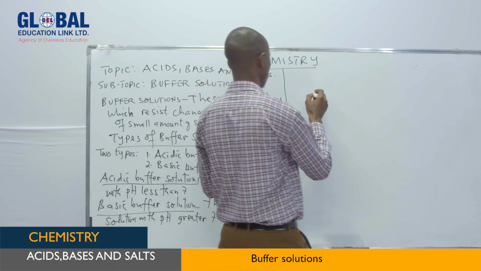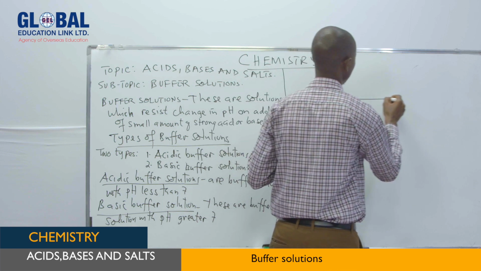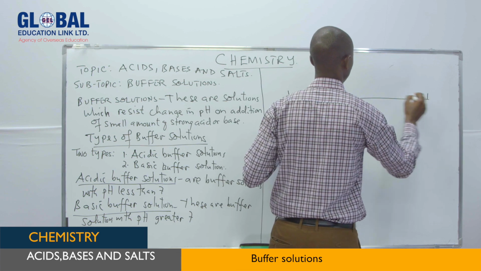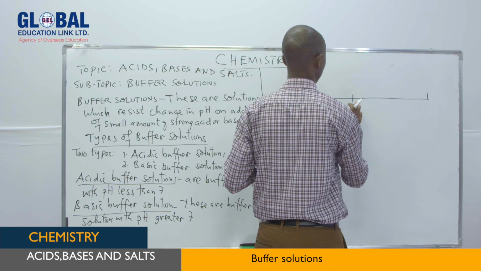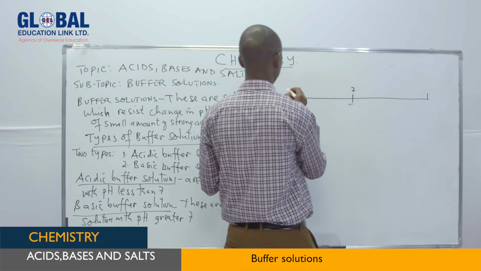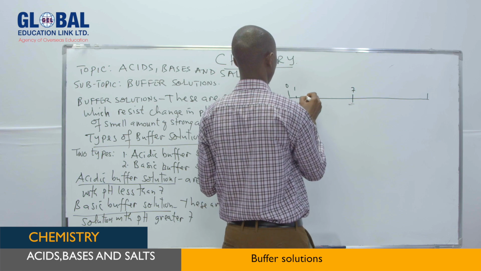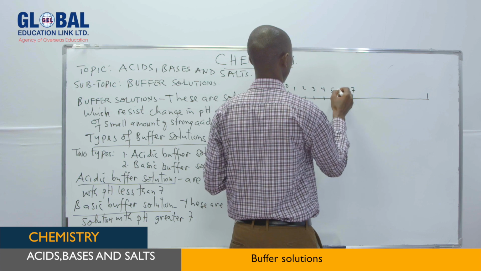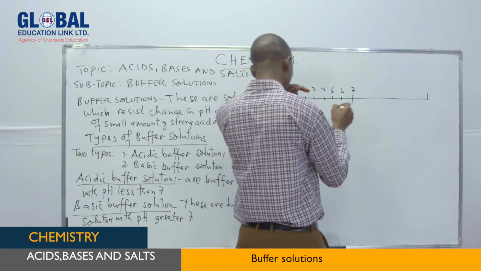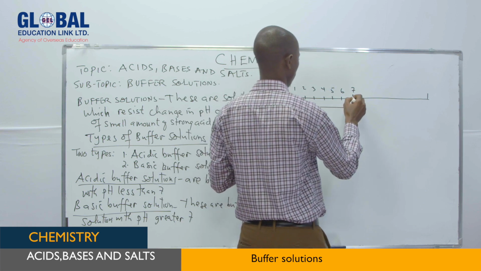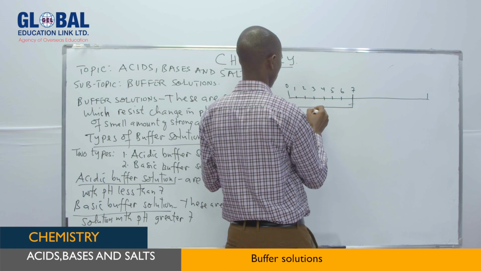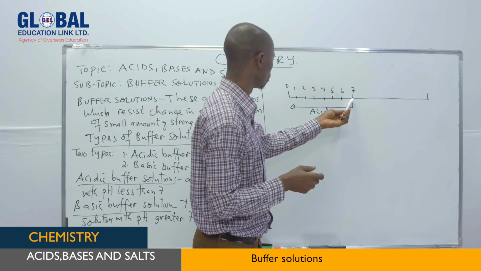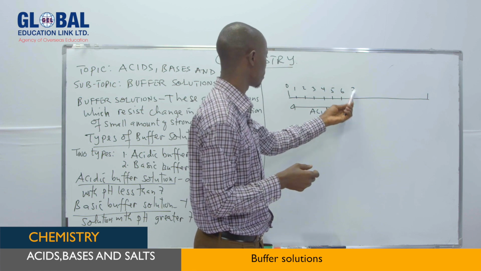If we have this illustration here on the board, the pH which is less than 7, that means 7 to 0.